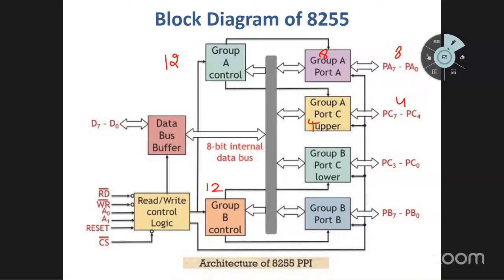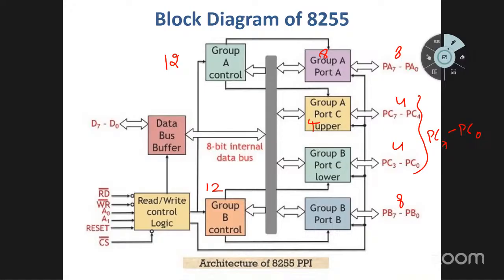Next, the group B also has 12 pins. Those 12 pins can again be 8 here and 4 here, together PC7 to PC0. Group A upper, then port C lower for group B.